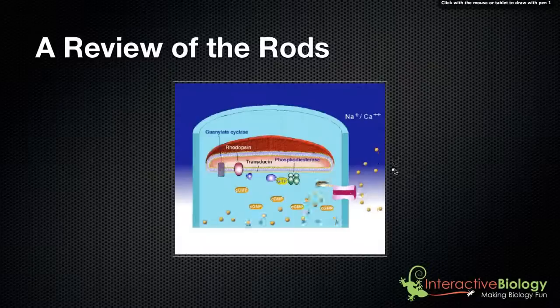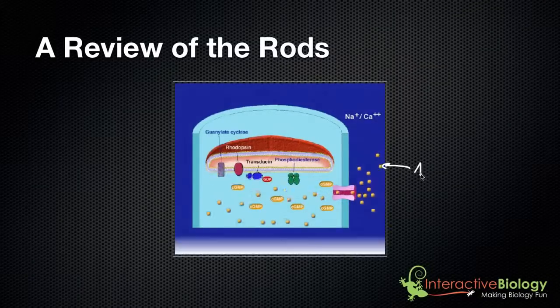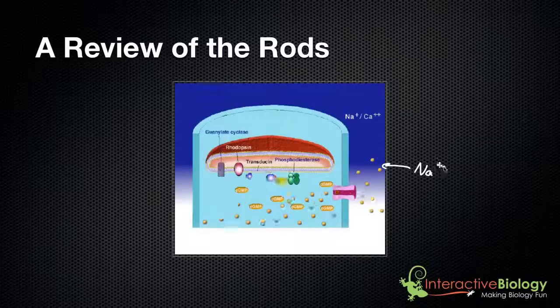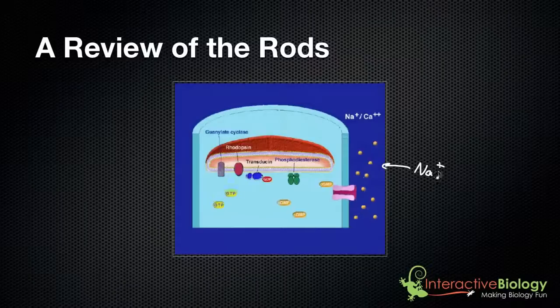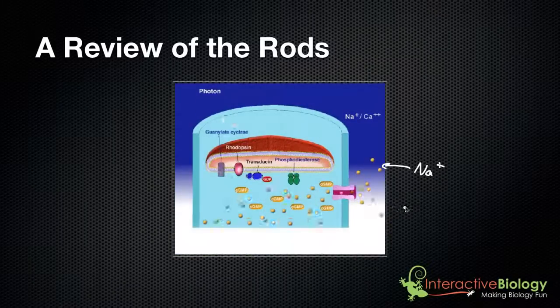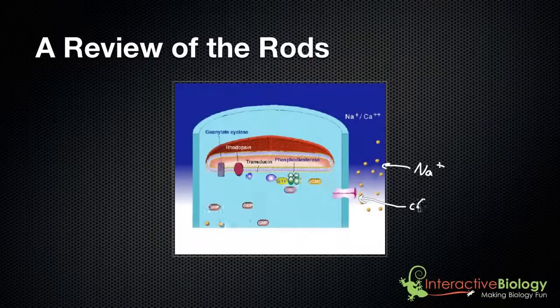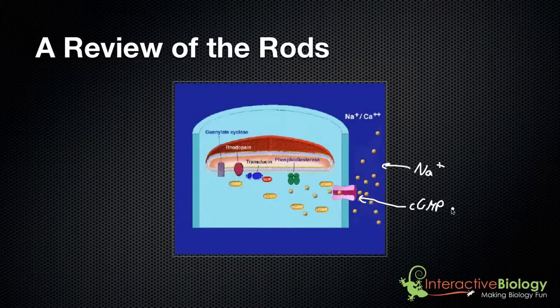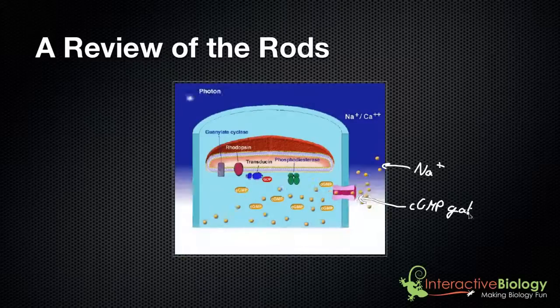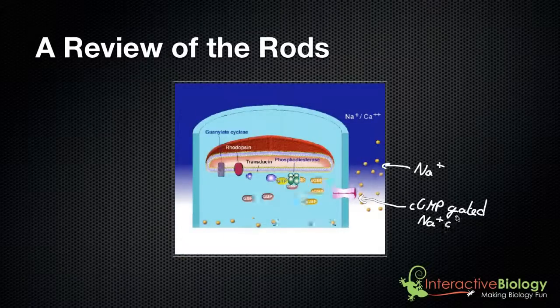First of all, if we look here, we have these little round balls, and those are sodium ions, and they can be calcium ions also. But for the most part, those are sodium ions. And here we have a channel. We spoke about this cyclic GMP gated sodium ion channel.